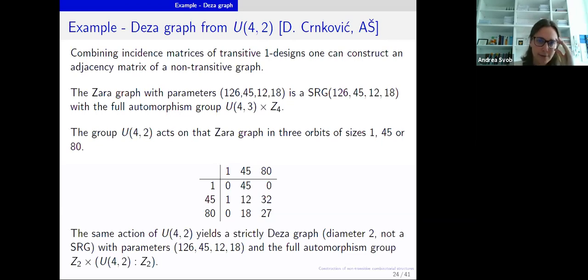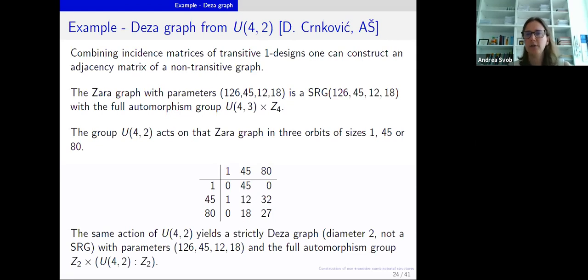Okay, so the example that I'm showing you with this orbit matrix is an easy example, because when you try to find all possible graphs with this orbit matrix, you get two graphs.